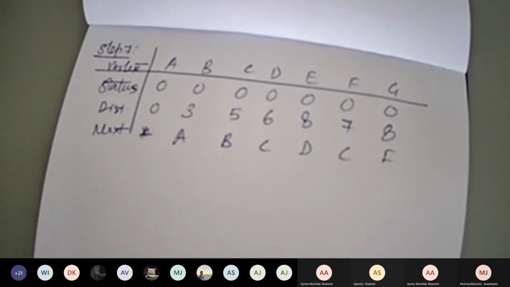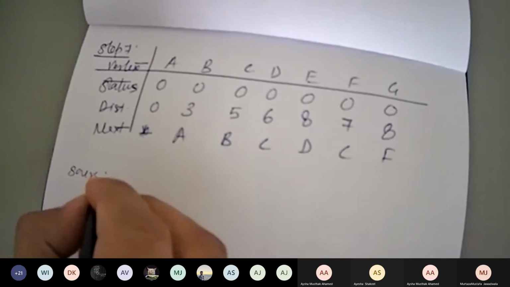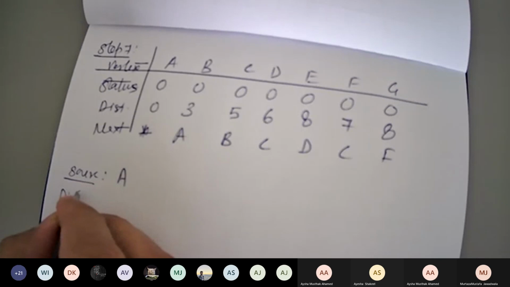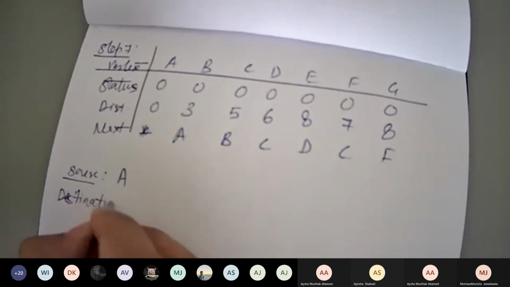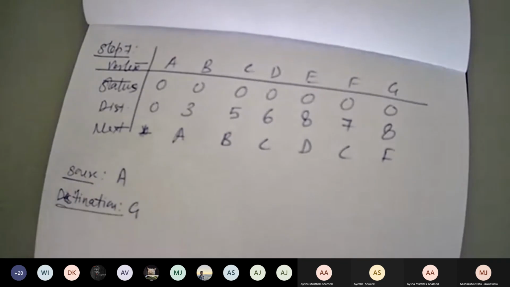Now tell me what was your source? You had to start from A and you had considered the destination G. So till G, what is the actual length?